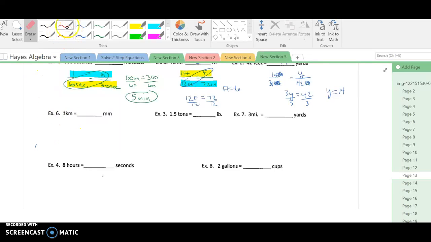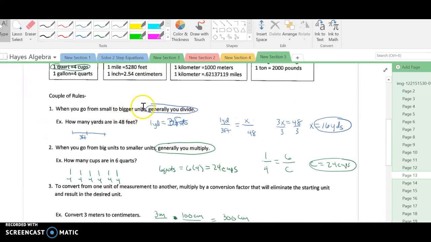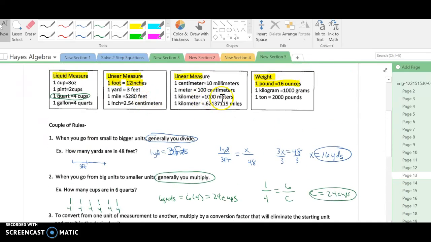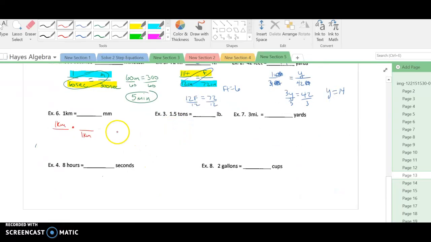All right, so what am I going to do here? 1 kilometer is equal to how many? And I go up here. 1 kilometer is equal to 1,000 meters. Now, right away, when I multiply, these cancel out. Now, when I multiply here, I have to cancel out meters.